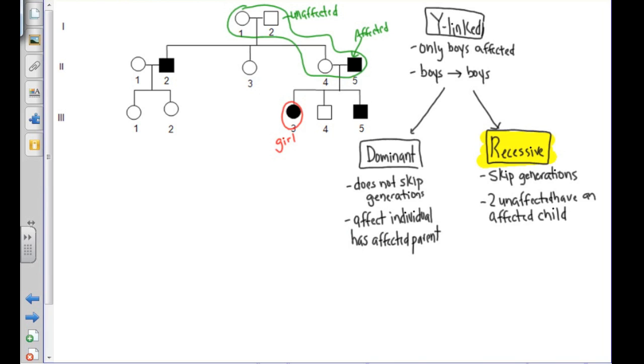Once we've determined that a pedigree shows a recessive mode of inheritance, we then need to ask ourselves, does this pedigree show that it's X-linked, which means the trait is on the X chromosome, or is it autosomal, that the trait is on an autosome, which is chromosome number 1 through 22.